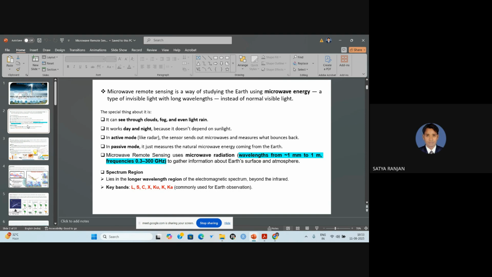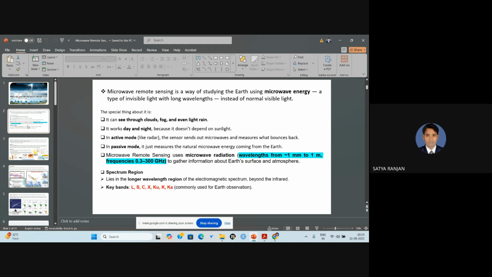Microwave remote sensing uses wavelengths from 1 mm to 1 meter, with a frequency range of 0.3 to 300 gigahertz. Most of the time we use the optical range, that is 0.4 to 0.9 micrometer, but here it is 1 mm to 1 meter. So its wavelength is very high, which is why it penetrates through clouds. The spectrum region lies in the longer wavelengths. In the optical range there are bands like blue, green, red, and infrared.